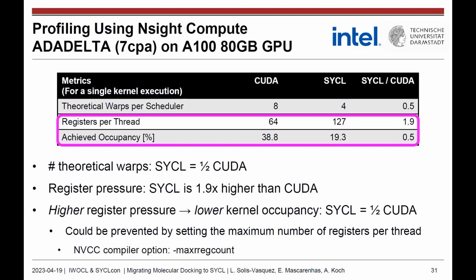This is a problem because higher register pressure means lower kernel occupancy, and thus SYCL reaches lower performance. We thought of how to limit the number of registers that can be allocated per thread, and we found that we could use compiler options like maxrregcount that we can pass down to the underlying compiler to limit this. We're going to try this also.